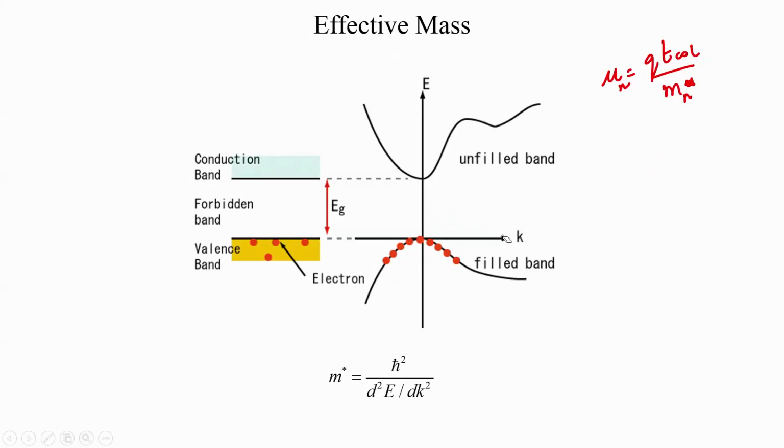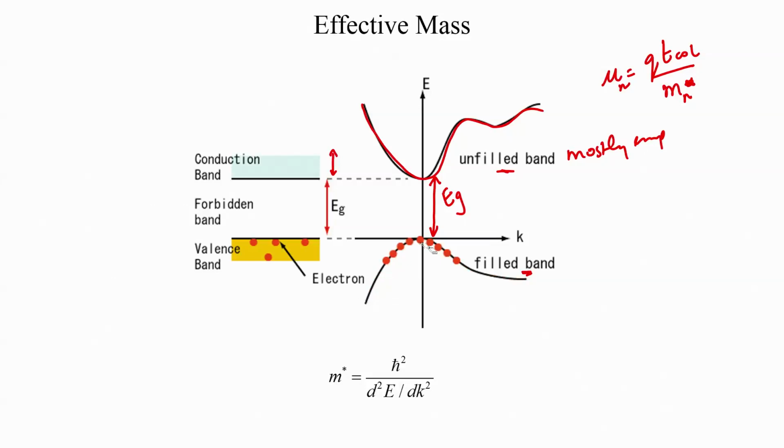Now, here is an example of an E-k diagram for a certain crystal. You have a clear energy band gap, Eg. Those are the conduction band states, and here are the valence band states. These are all the filled states, and those states are mostly empty.